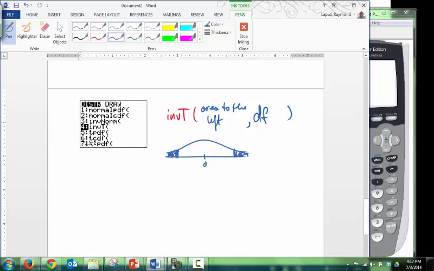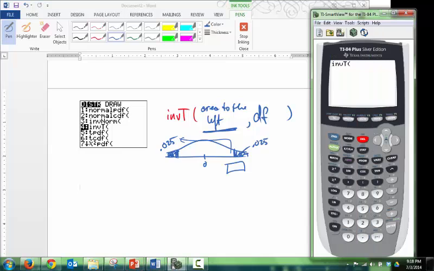And this area is 0.025, and this area is 0.025. So there's two ways to do this. Like before, I can put 0.025 in my inverse t function and then put in my degrees of freedom, and I'm going to get a negative number. Or I can figure out the area to the left of this number and put that area into the inverse t function, then I'll get the positive number.